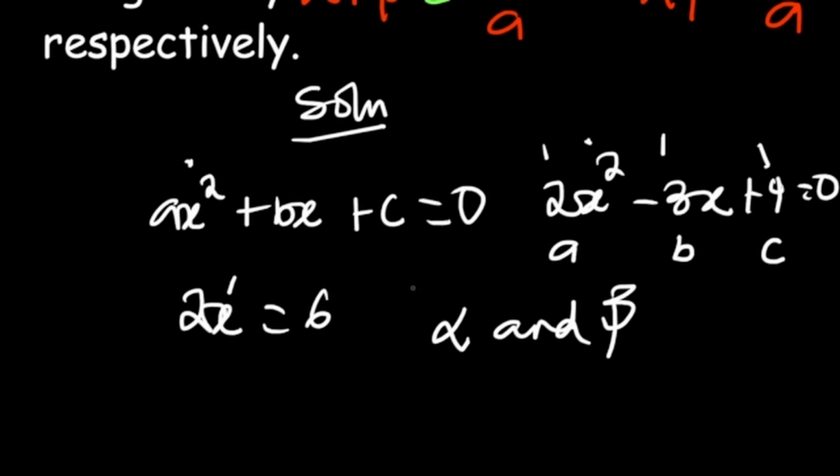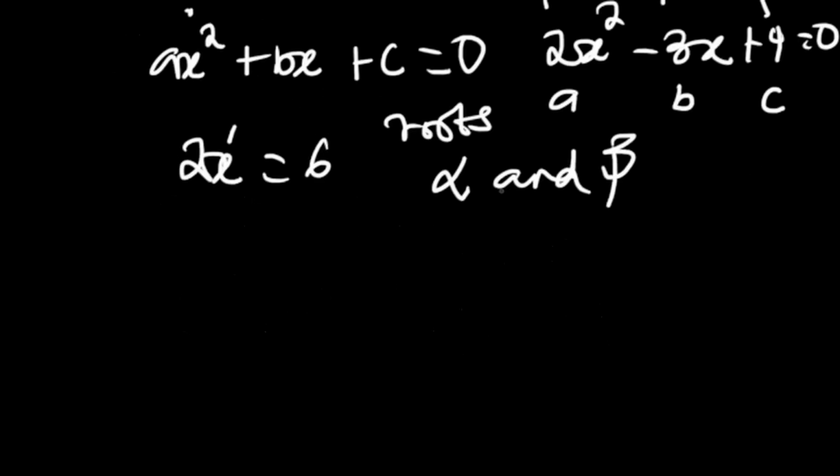Those solutions are what we call roots. So don't get confused whenever they say find the roots. They're asking you to find the solutions or the answers that make this equation true. Now, in the same way, if we solve this very equation here by using the completing the square method, we're going to arrive at two solutions.